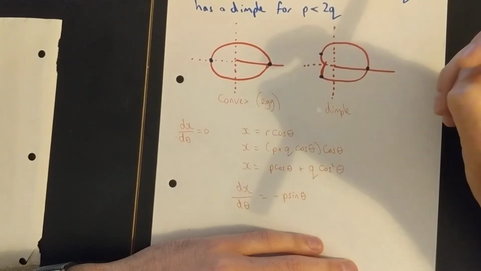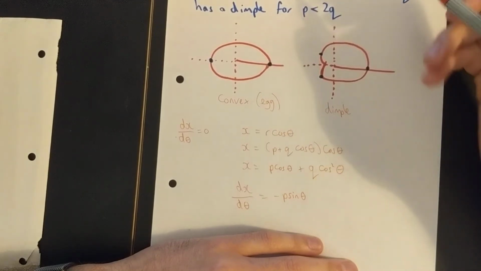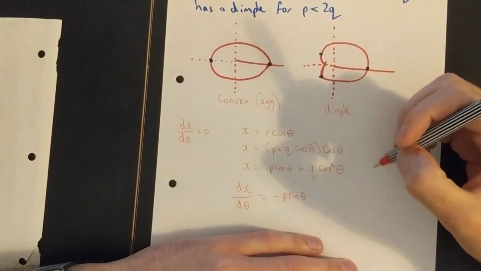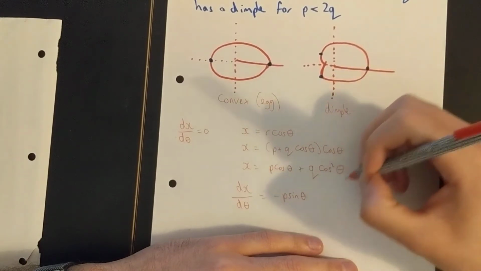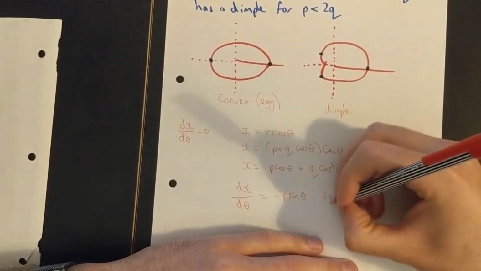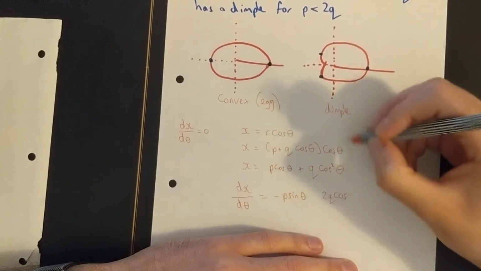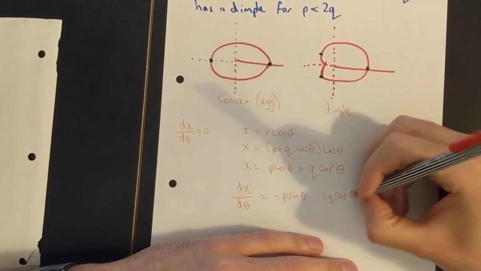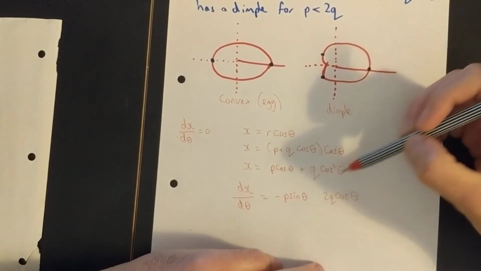Now, do I want to differentiate cos squared? Yeah, let's differentiate q cos squared theta. So that is going to be 2q times cos theta. I'm using differentiation by parts.